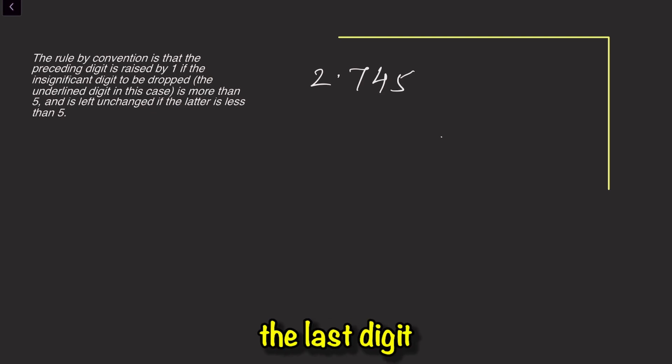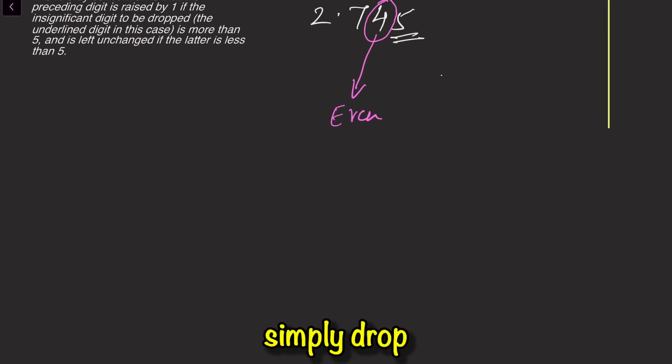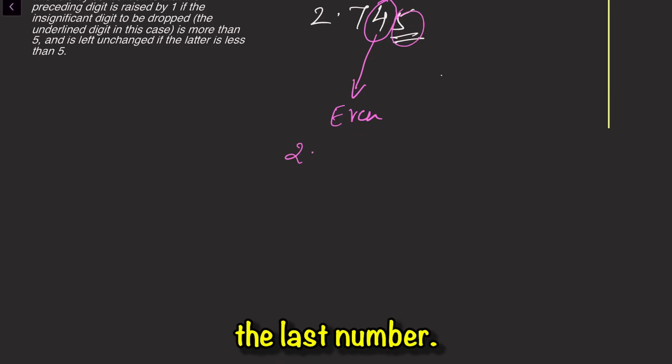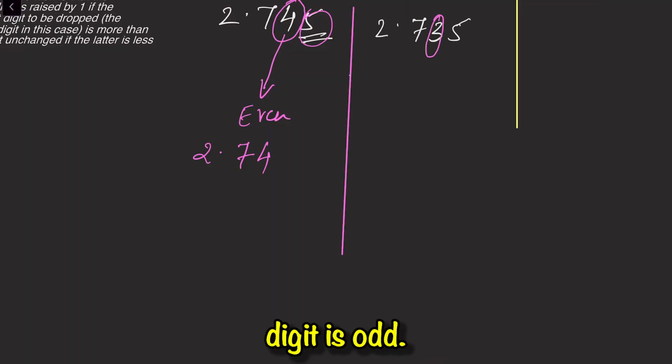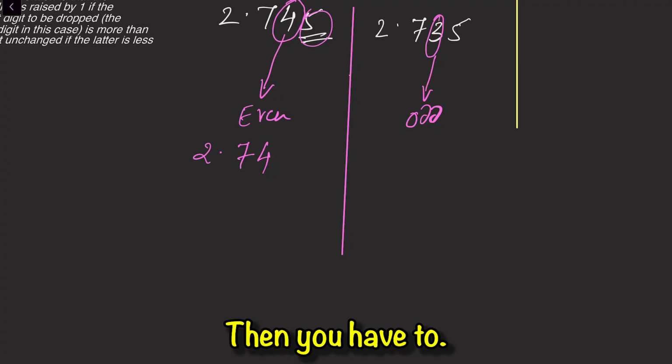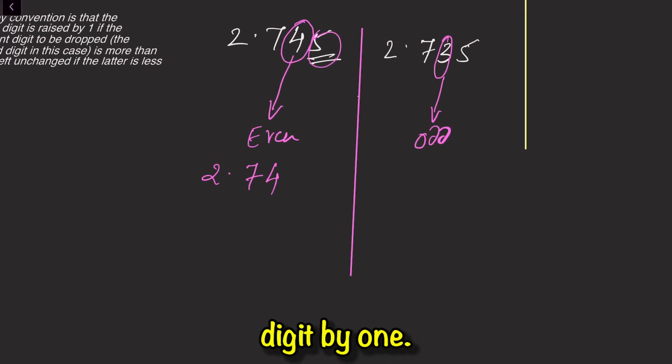Now, what if the number is 2.745? When the last digit after the decimal point is 5, you have to consider certain aspects. You have to check the preceding digit. If the preceding digit is even, then you simply drop the last number. So it will be 2.74. On the other hand, if the preceding digit is odd, then you have to raise the preceding digit by 1.